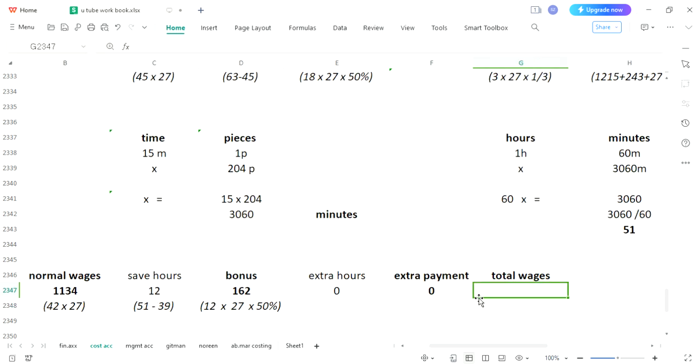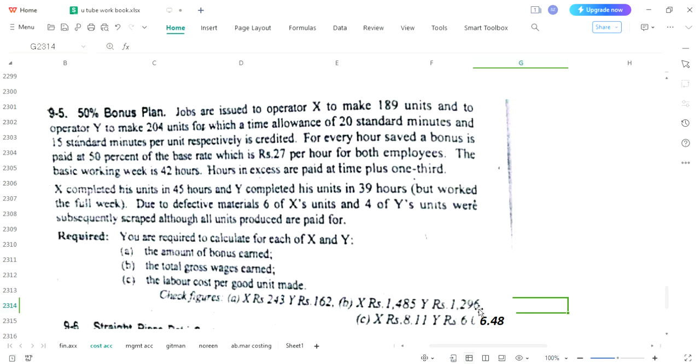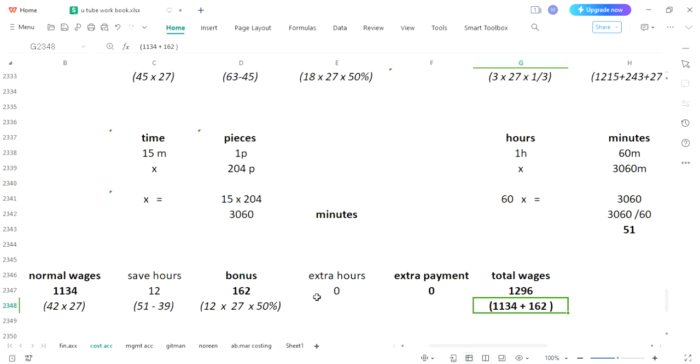We have the first amount 1134, and then the second amount 162. Nothing else is present. 1134 add 162, so we have got 1296, and the second answer is 1296 over here.